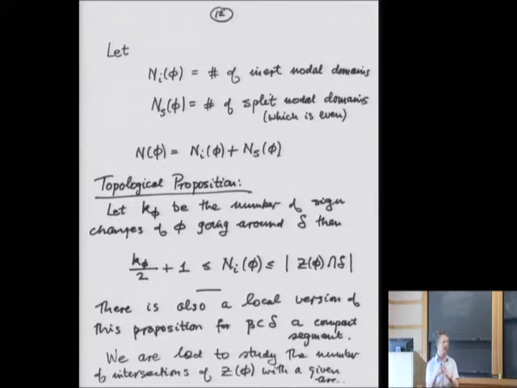As I told you, that's hopeless to prove. But luckily for us, the inequality only improves if there's a crossing. So if I want to give a lower bound for the number of inert domains without knowing that I'm in a generic position, because I can't know that, what I'm saying is if by some coincidence I don't break one of those crossings, I will only have more nodal domains, not fewer.